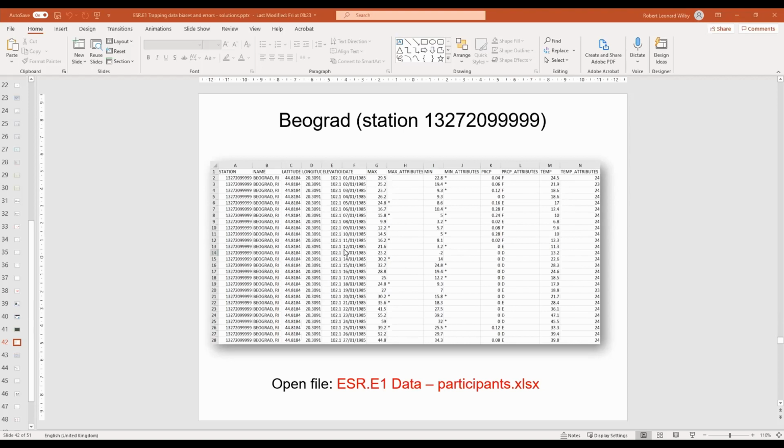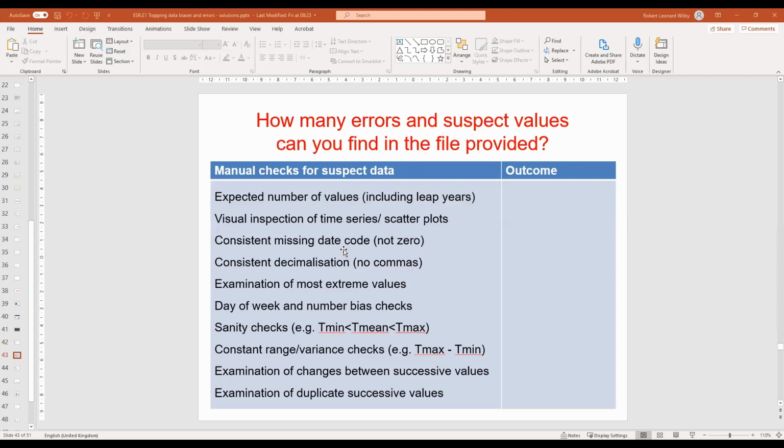Okay, so the file I've given you is literally taken from the public domain data set with no attempt by me to clean it up. So your mission is to use the little checklist that I gave you earlier to look at the record and see how many of these errors you can spot.